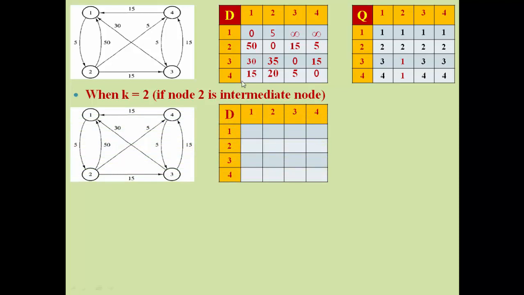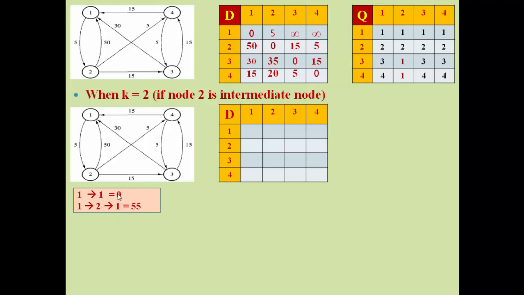Let us fill our first row when we consider node number 2 as an intermediate node. So now 1 to 1, self node, is equal to 0, but when we consider 2 as an intermediate node, at that time 1 to 2 is equal to 5 and 2 to 1 is equal to 50. So 50 plus 5 is equal to 55.